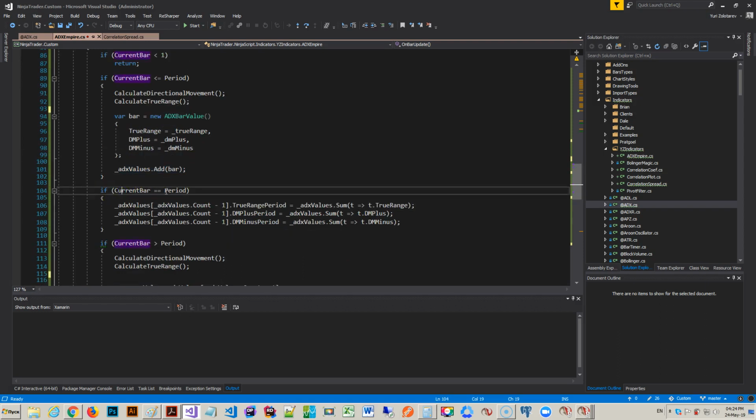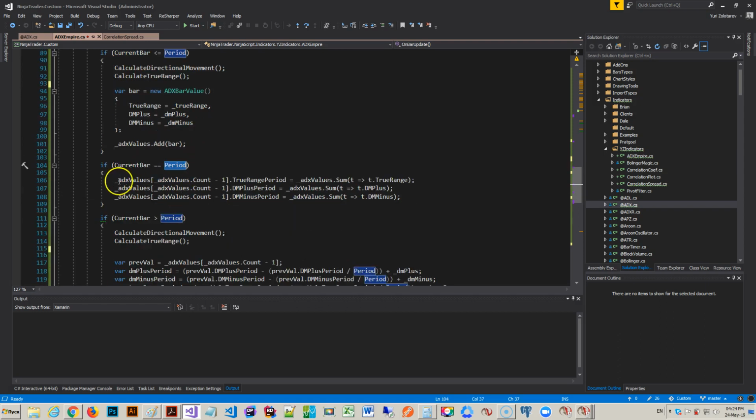When my current bar equals the period, I sum up some values. True range for the period equals the ADX sum of true range. That's only once, when you reach the initialization. Say your period is 14.